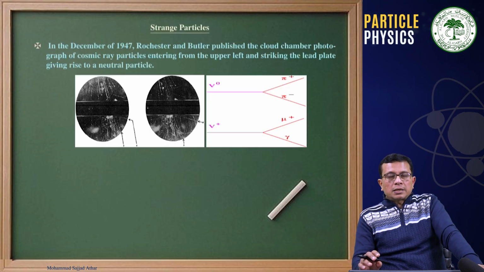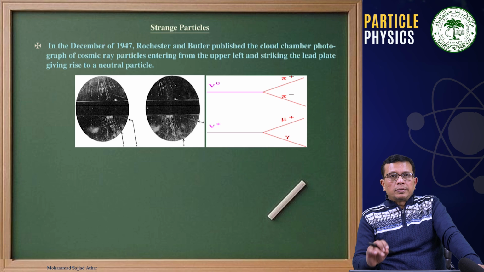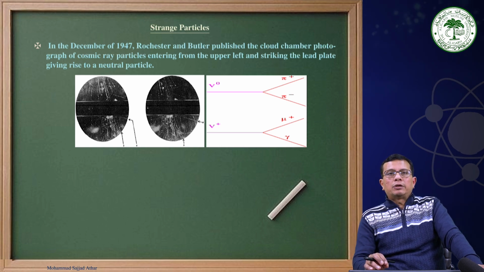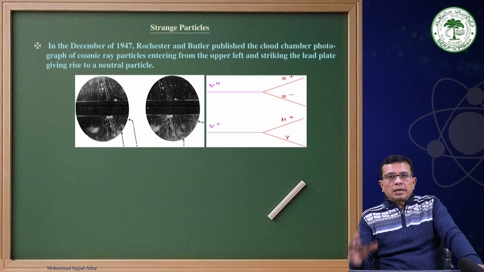Now let us first discuss strange particles. What was observed, and why does strange particle mean its behavior was different? The behavior of these particles was different from the normal particles observed at that point of time. Some particles had a certain lifetime, the others had a much longer lifetime.